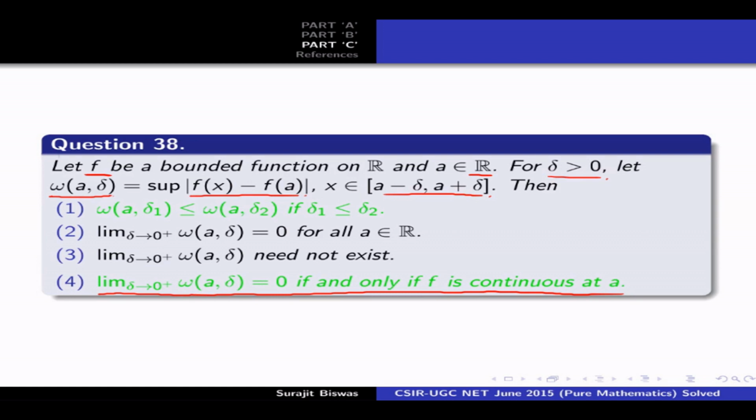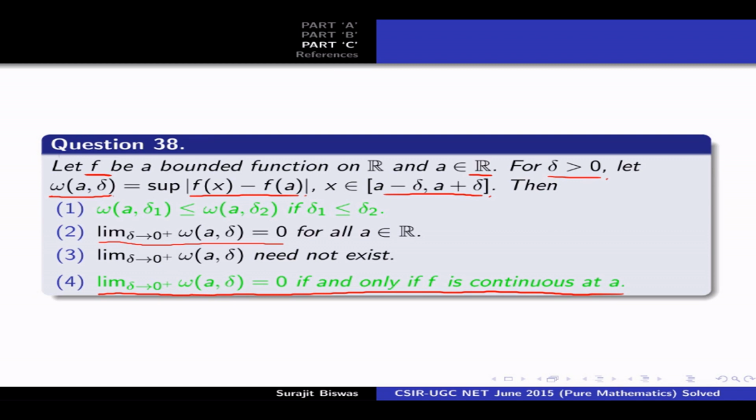And then of course this won't happen: the limit as delta tends to 0 plus of omega(a, delta) equal to 0 for all a belongs to R. This won't happen because the limit of omega(a, delta) equal to 0 is equivalent to saying that f is continuous at a.